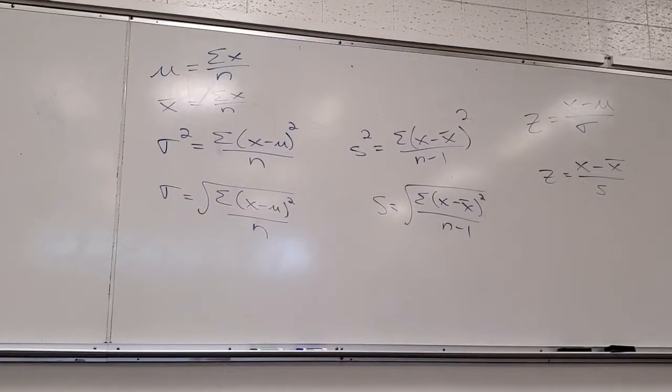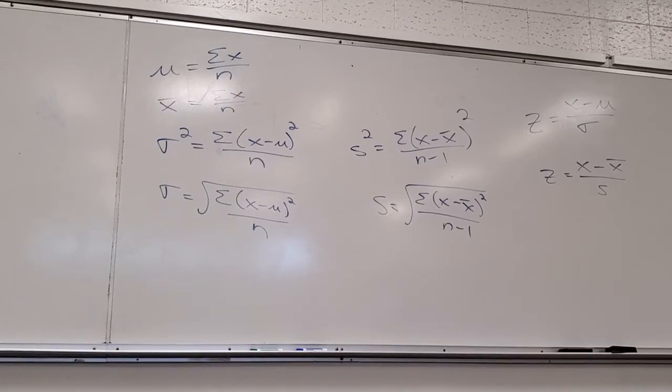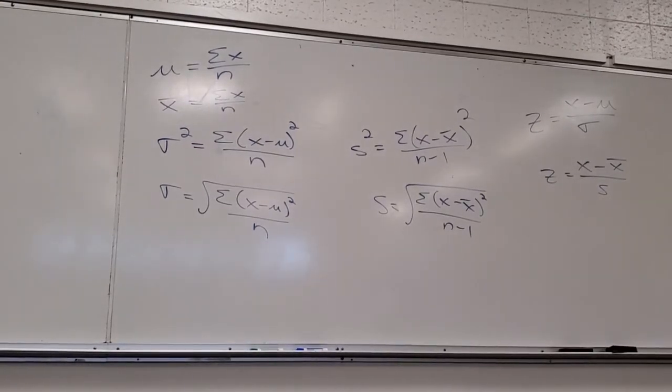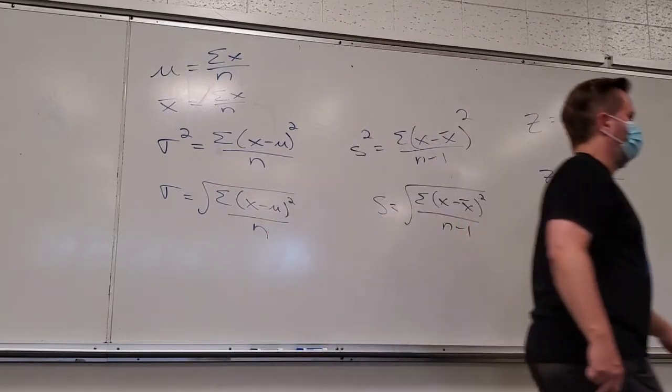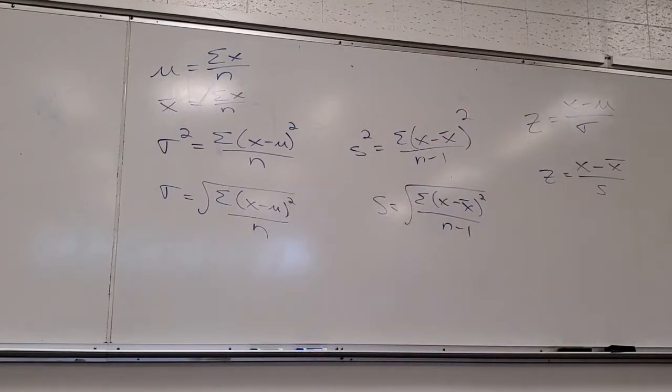Keep this up here. I'm going to do the work on the board. Part G is the box plot problem. Yes, a 5-number summary, and then make the box plot.